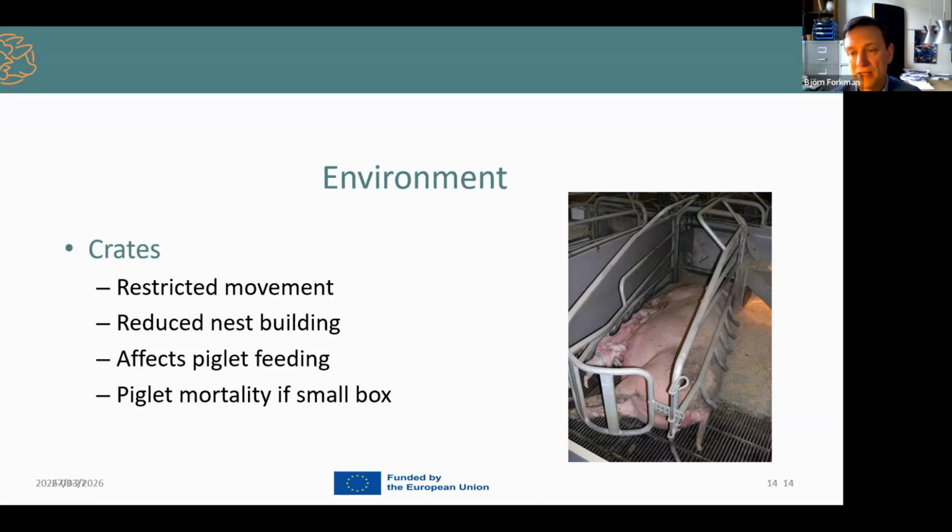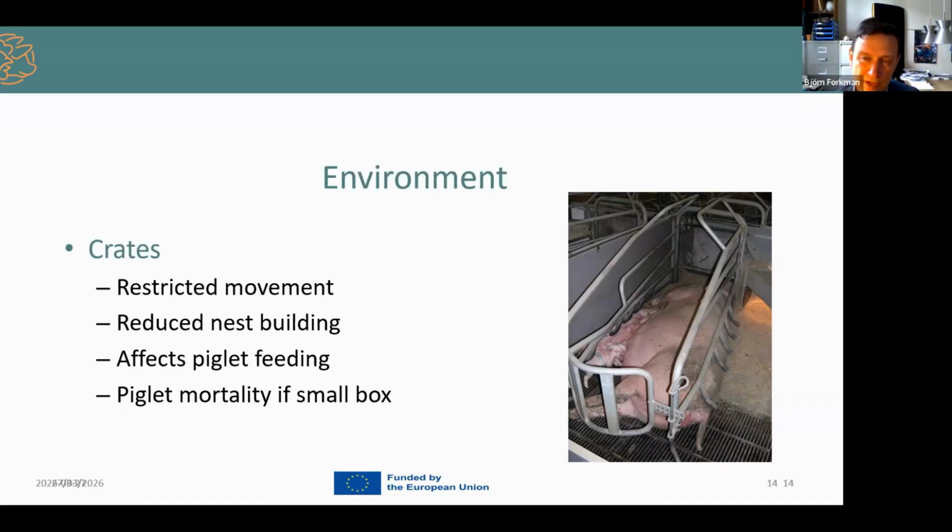And they stay there until the weaning of the piglets, so for approximately 1 month, or 1 month and a half. If they are in the crate, they can of course not build a nest. And this is something sows are very motivated to do just before farrowing.